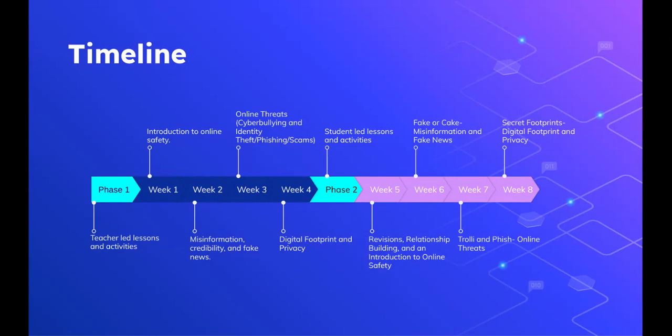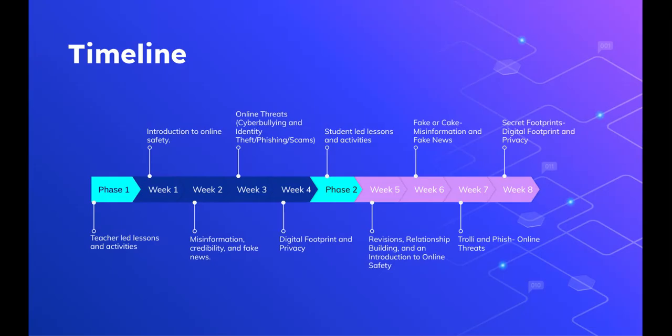So here's the timeline with phase one. Week one is the introduction to online safety. Phase one is for seventh graders, and then week two will be covering the topics of misinformation, credibility, and fake news.